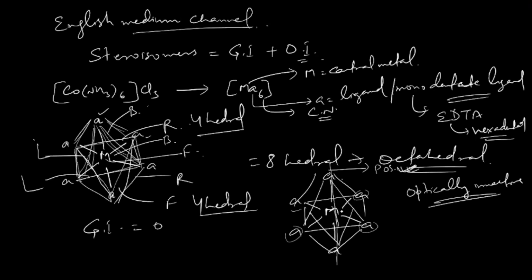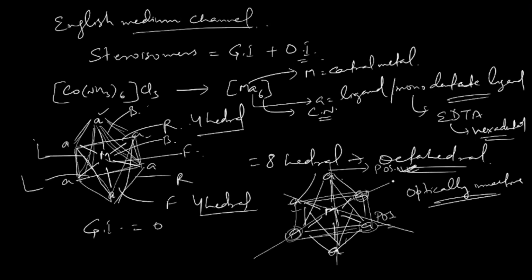this is optically inactive. Here one horizontal plane we can also put, at this place. If we put this plane, this A reflects to this A, so here also there is a plane of symmetry.